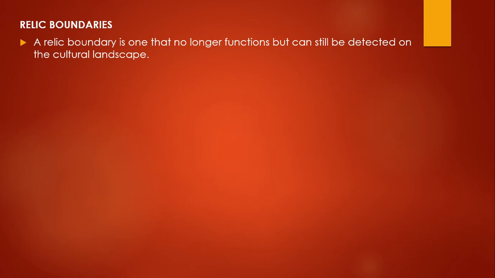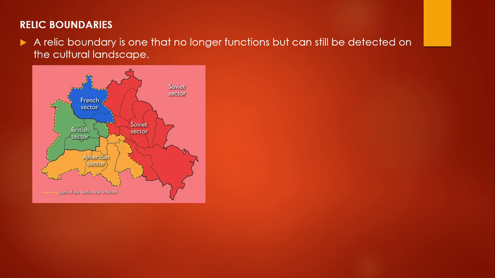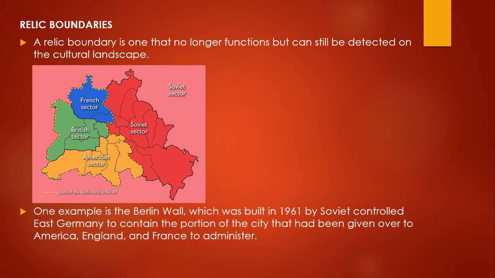So what is an example of this relic boundary? An example is the Berlin Wall. It was built in 1961 by Soviet-controlled East Germany to contain the portion of the city that had been given over to America, England, and France to administer. So these yellow lines are the path of the Berlin Wall.